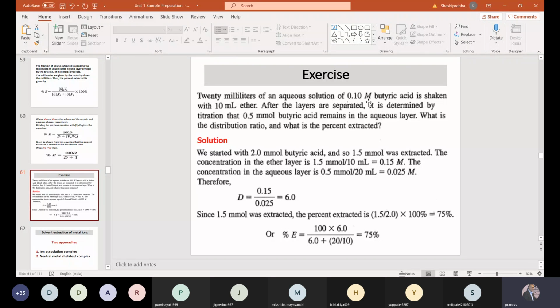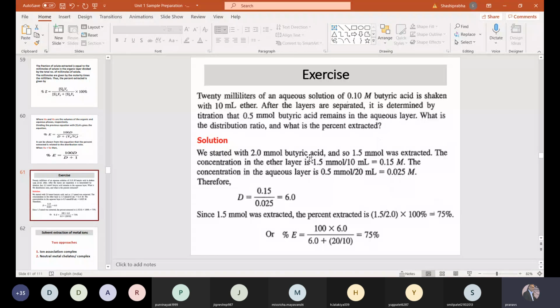If you multiply this by 20, you directly get the number of millimoles. So millimoles would be 20 into 0.10, which is 2. We started with 2 millimoles of butyric acid.